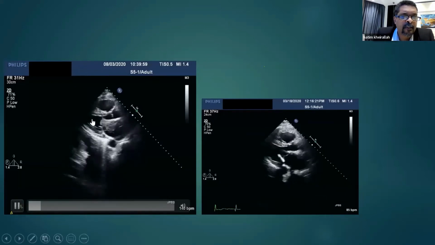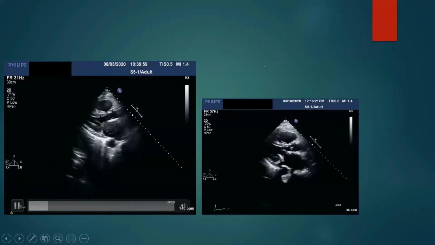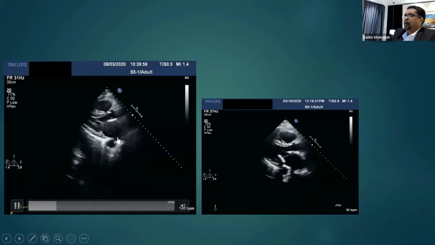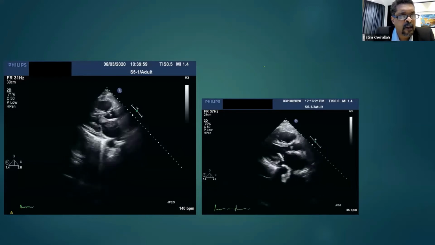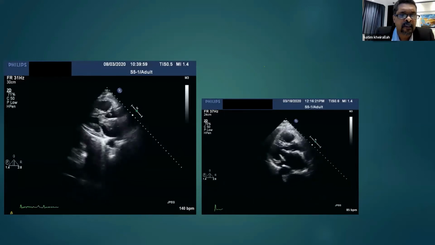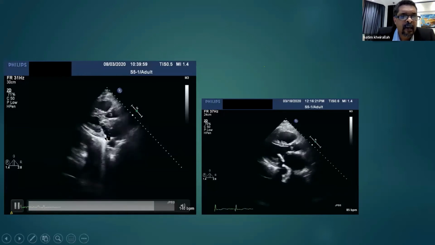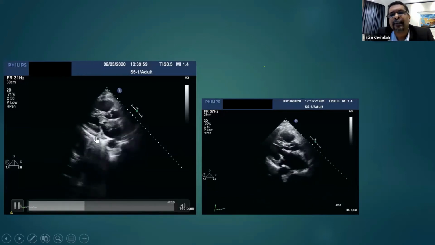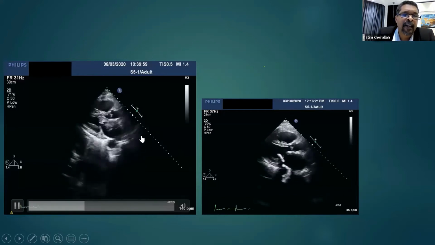What is this? Looks like a myxoma. Okay, yeah. So this is a patient, a female, middle-aged. She came with shortness of breath, and this is her transthoracic echo, which is showing a mass. When we traced the mass, we found that it really originates from the interatrial septum.